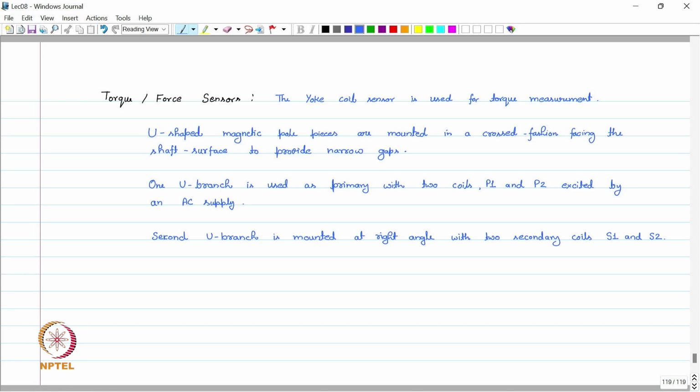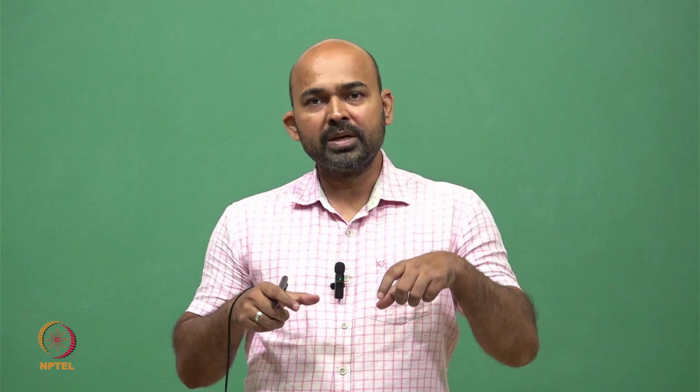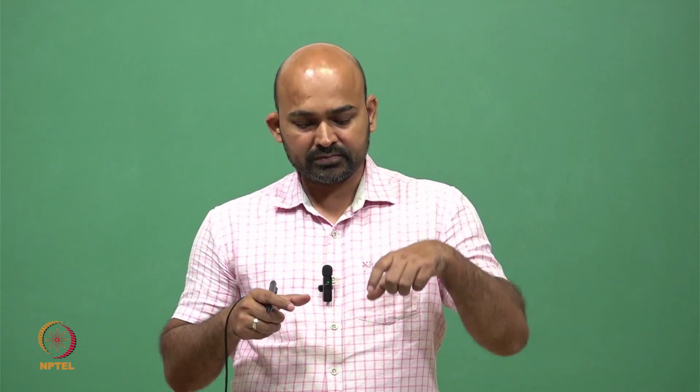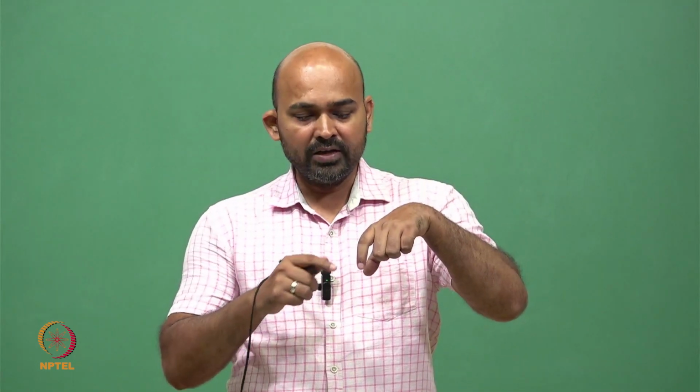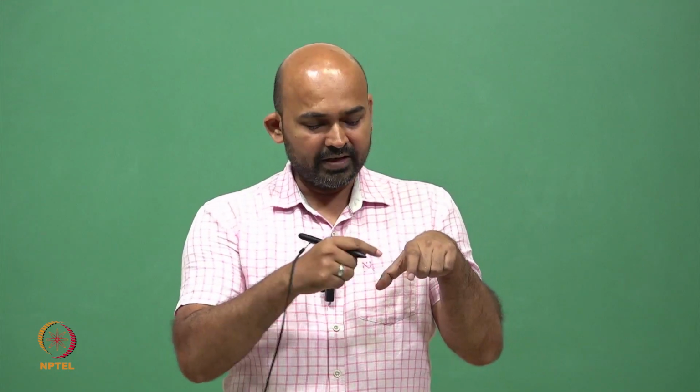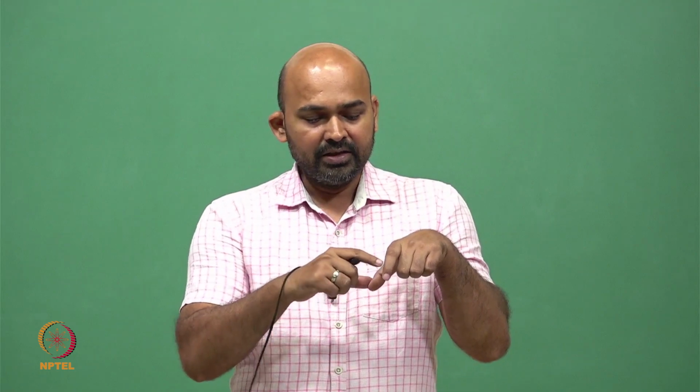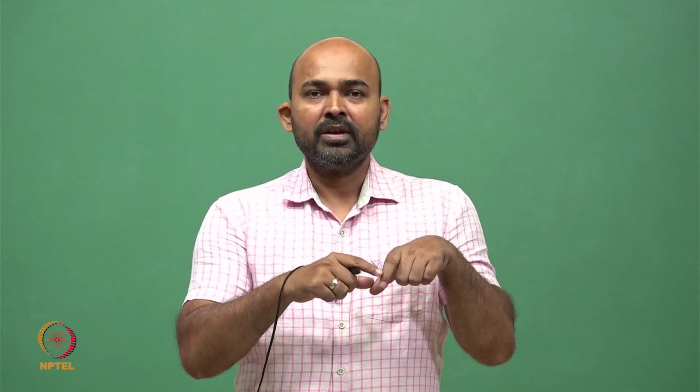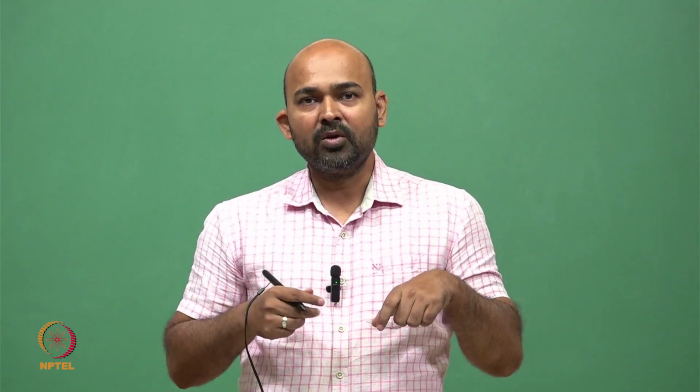So in this torque or force sensor, we use a yoke coil based sensor. In the yoke coil sensor, what we have? We have two U-shaped coils. One U-shaped coil has two coils actually, one on one side and one on the other side. These two, P1 and P2, act as a primary coil.